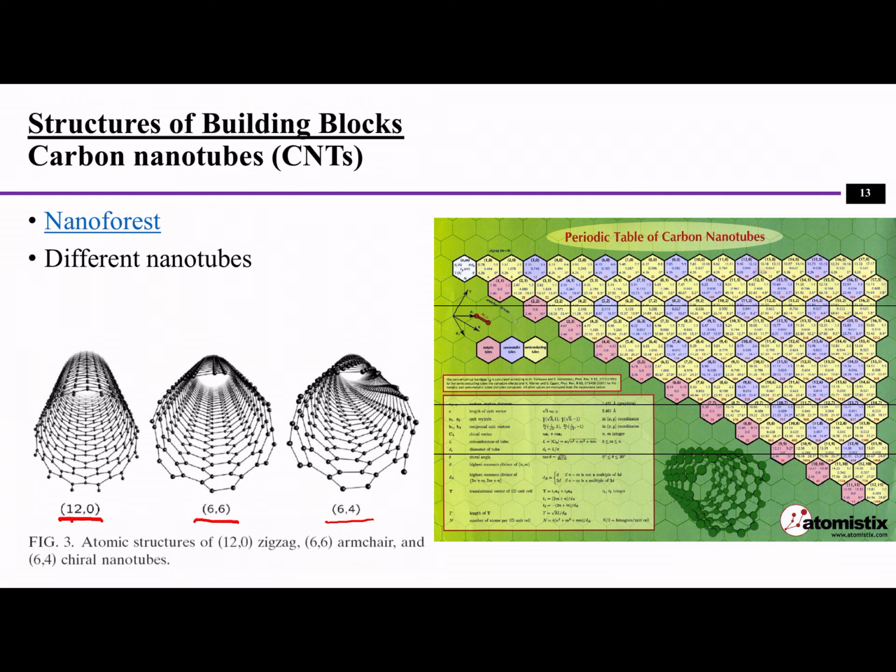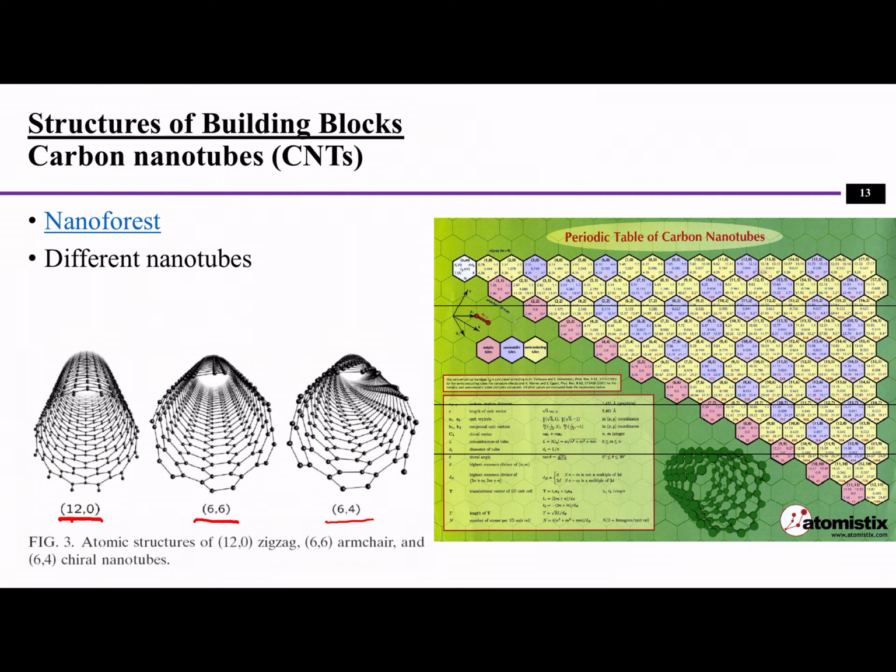So carbon nanotubes can be formed with different properties and different shapes. In this way, people created a periodic table of carbon nanotubes, and scientists can use this periodic table to guide their creation of carbon nanotubes.